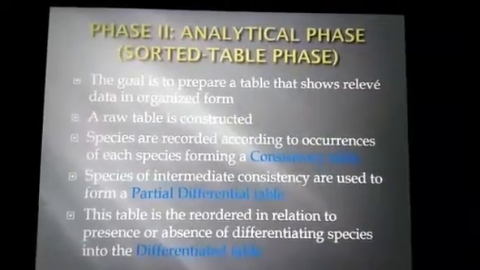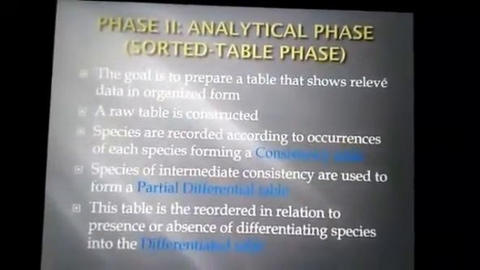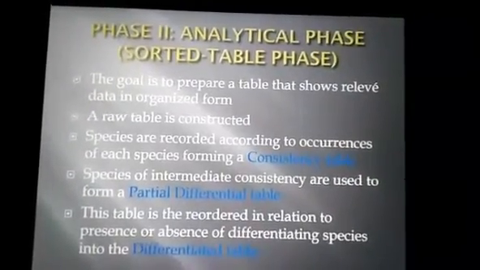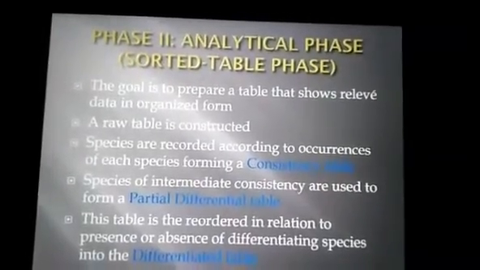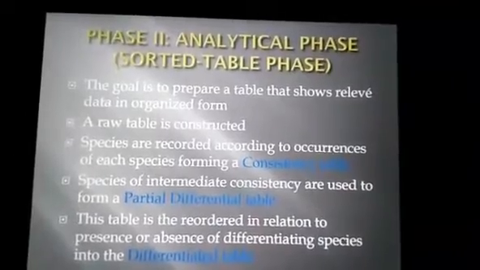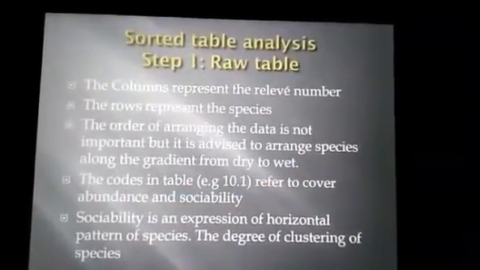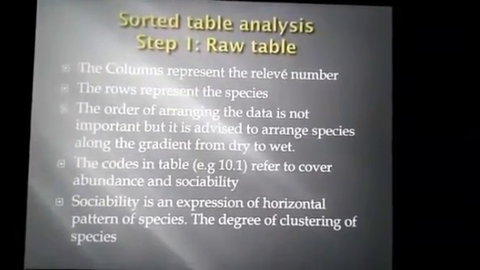In this particular phase, we're trying to organize the species which show some association. We put them together in a table. We're trying to sort them into groups. So it involves some steps.